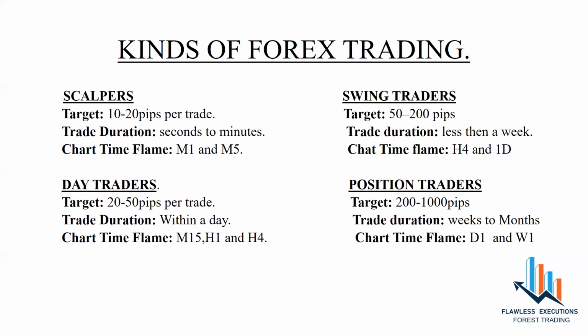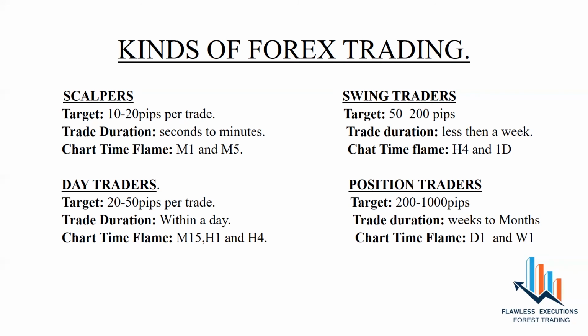And the first one, the scalpers. These traders target 10 to 20 pips per trade, and trade duration is from seconds to minutes. Their trade duration normally does not exceed maybe 1 hour, because their stop loss and their take profit are so tight for the market to hit either of them in a very minimal time.